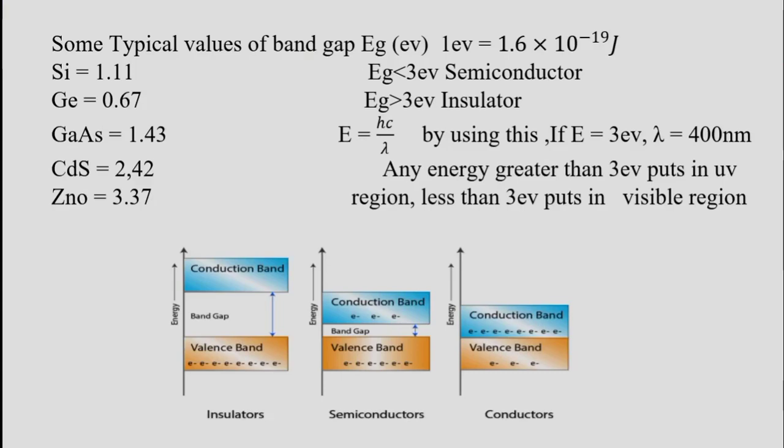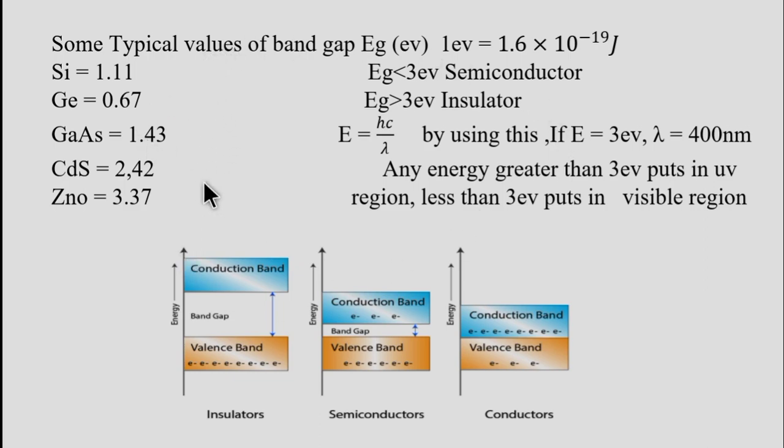Now let us consider some typical values of band gap energy. We can define the band gap energy in electron volts. 1 electron volt is equal to 1.6 times 10 raised to minus 19 joule. Let us consider the example of silicon, which has 1.11 electron volt. The band gap energy of germanium is 0.67, and then gallium arsenide, cadmium sulfide, zinc oxide.